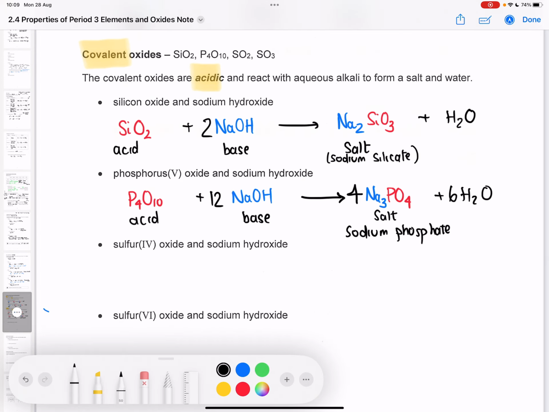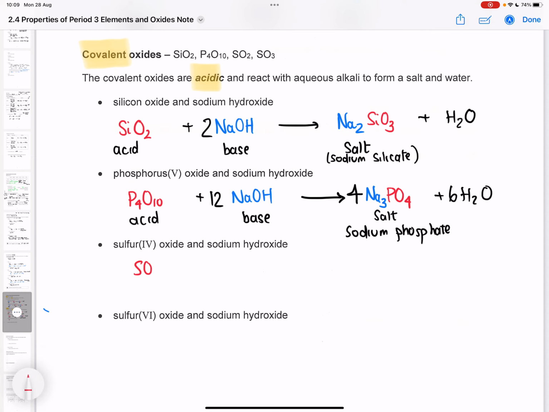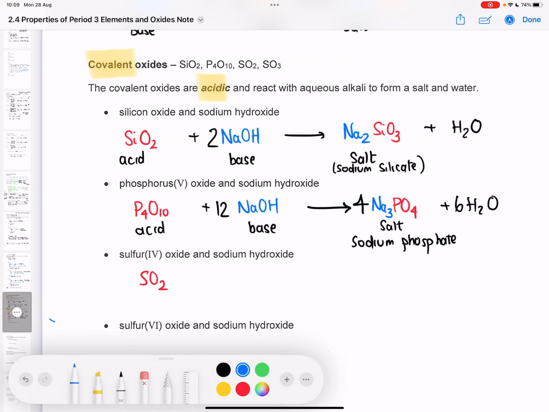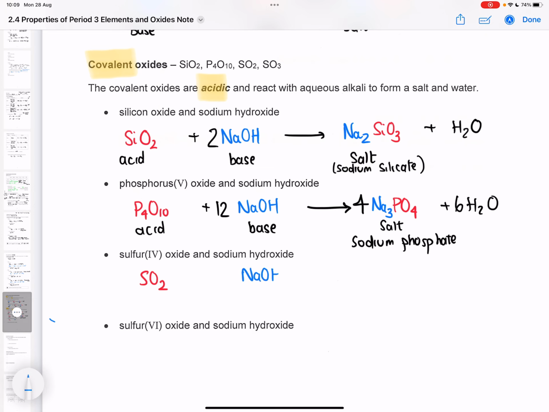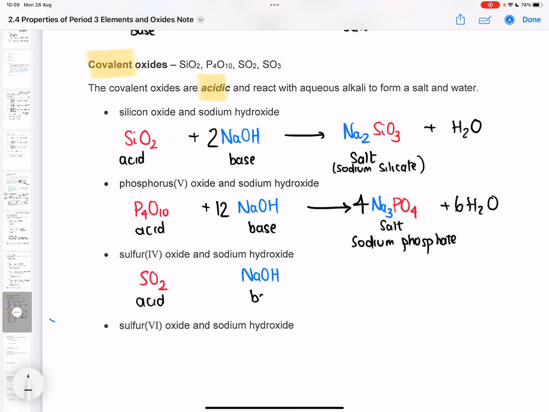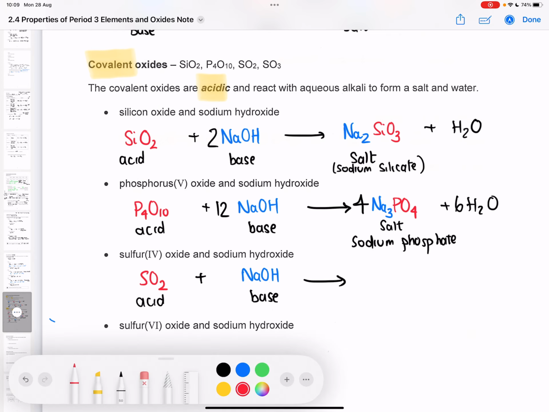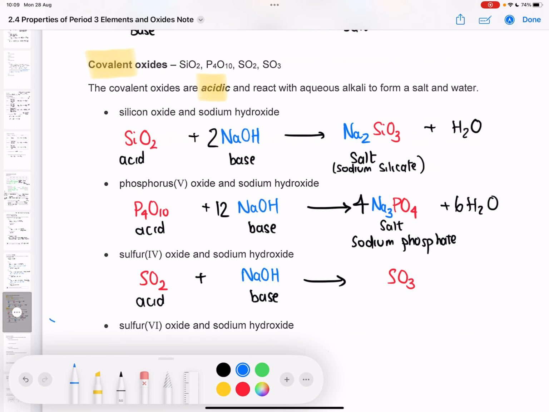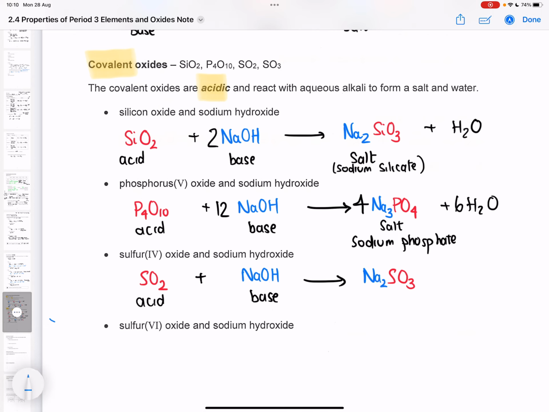And we've got our sulfur 4 being the SO2, so 2 oxygens to balance the 4, that's our acid. And we're going to go with sodium hydroxide again, it's our base. So we've got our acid and our base. And remembering that our acid is going to give us the anion, the negative ion, so the SO3, if we look back at the front, and that's a 2-. And so it's going to need 2 sodiums to balance it.